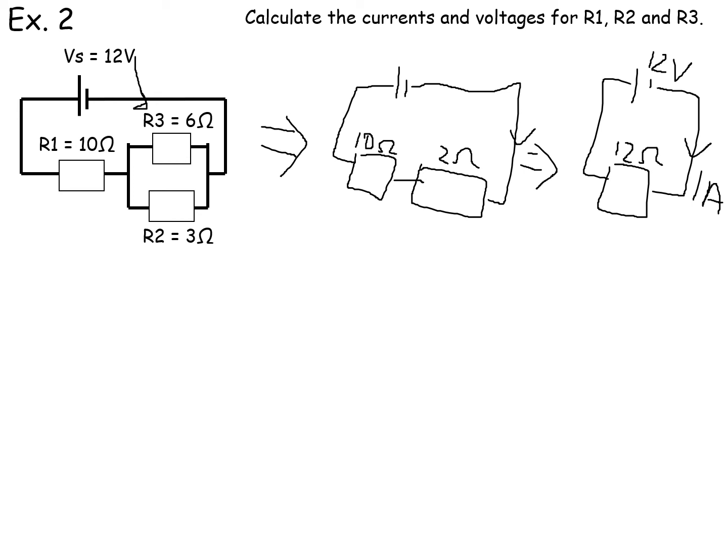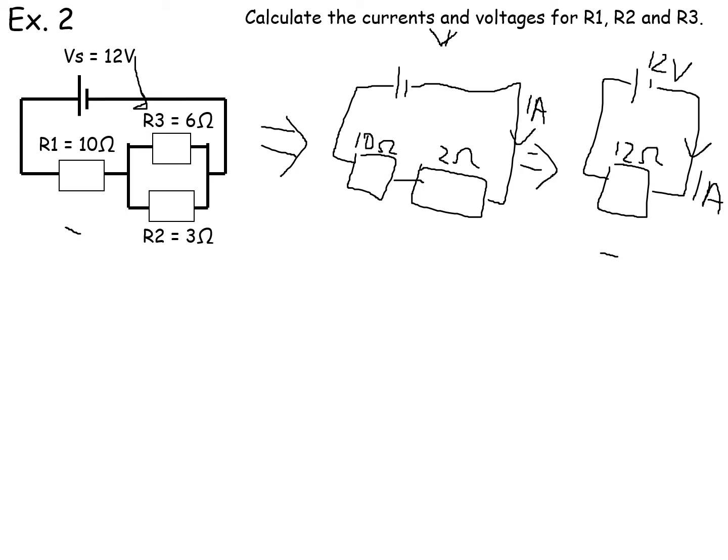Okay. Now, this is where you do have to be a wee bit flexible to try and figure out what's happening, right? If I jump from this circuit here to here, there's too much happening in that first circuit for me to work out everything. So I go back to my intermediate circuit, this one here, and I say to myself, well, it's a series circuit. I know there's 1 amp going through it.